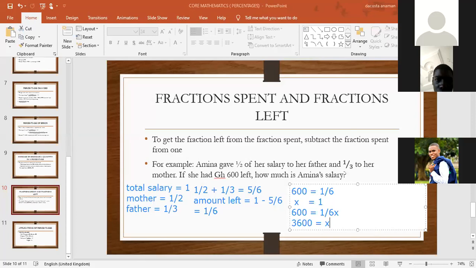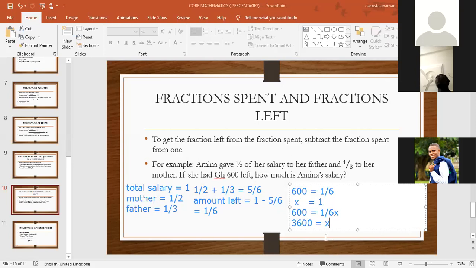Anybody who has been able to try how to punch a fraction and another fraction in your calculator. You punch your fraction symbol, that is the first fraction. Then you type in your numerator, which is 600. Then you go down to the denominator. Then you punch your fraction symbol again. It will give you another fraction symbol under your numerator. So you'll be having a fraction inside the fraction. And that will be what? 1 over 6. When you punch your equal to sign, you'll be getting your answer.